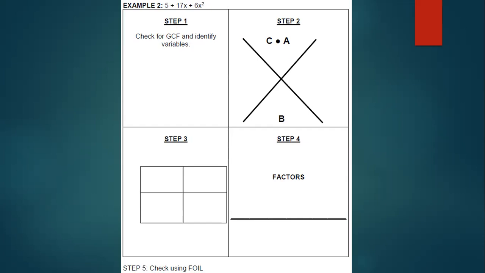Is there a GCF? No. Okay, and then identify your variables. What is your A term, your B term, your C term? Miss, I'm not going to lie, I'm going to need help with this.